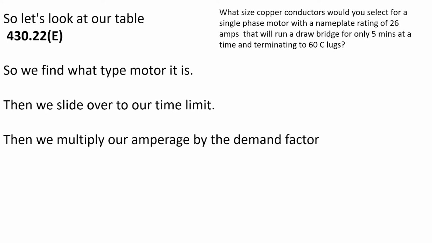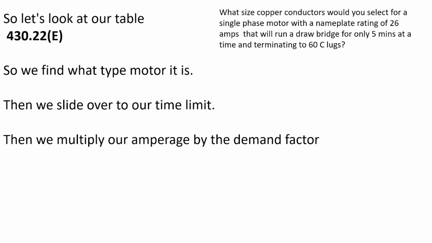I do want to note that when you're dealing with duty cycle motors, for some reason, the codebook allows you to use the nameplate rating instead of the FLC. So you're allowed to use the nameplate rating or the FLA, whichever one it lists, instead of the horsepower rating. I don't know why, instead of the FLC, which would be determined by the horsepower rating. I don't know why the codebook switches back and forth, but it does.